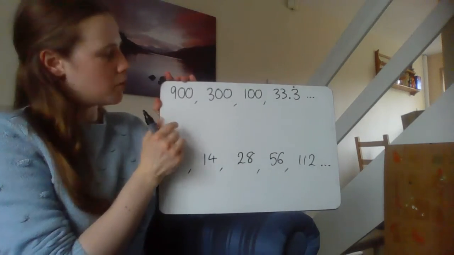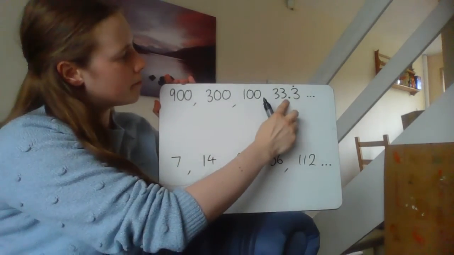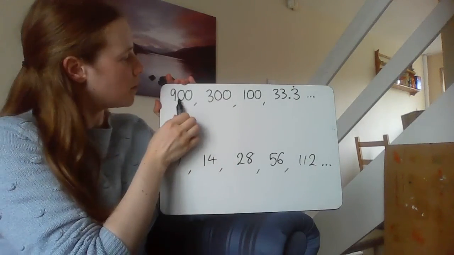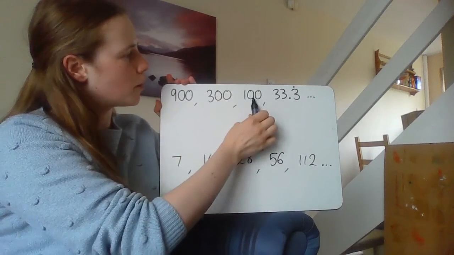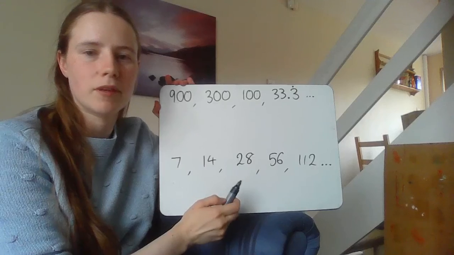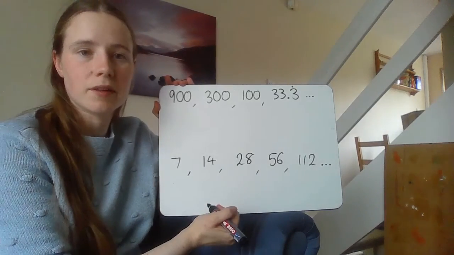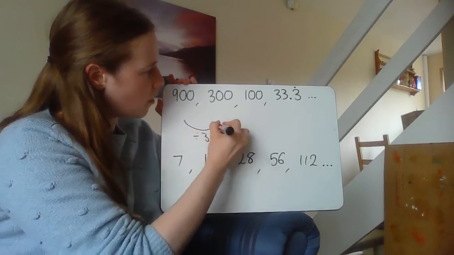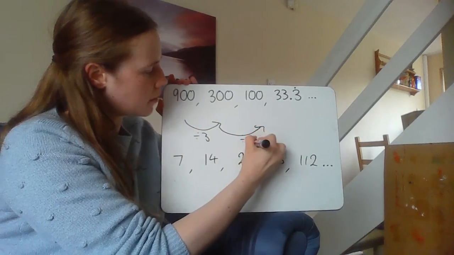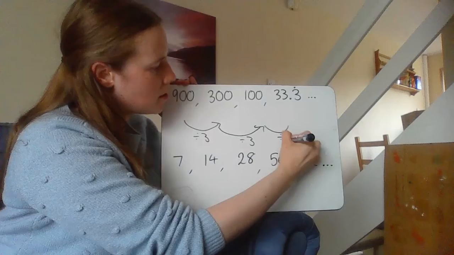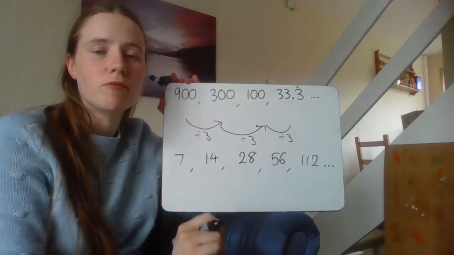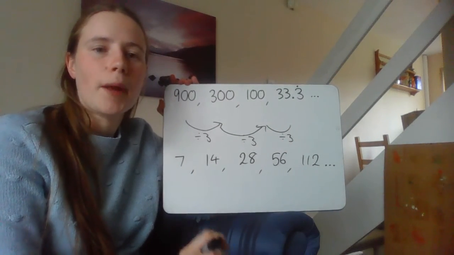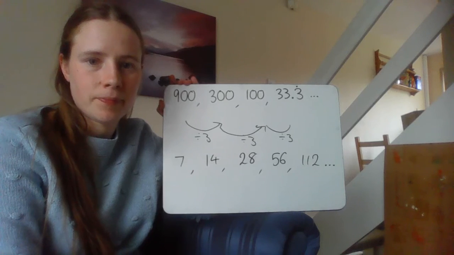Okay, so for this one here, you can see that to go from 900 to 300 and then to 100 and then to 33.3 recurring, we're dividing by 3 every time. Now, like most people, I notice that as dividing by 3. But in order to think about common ratio, I need to think about what I'm multiplying by.